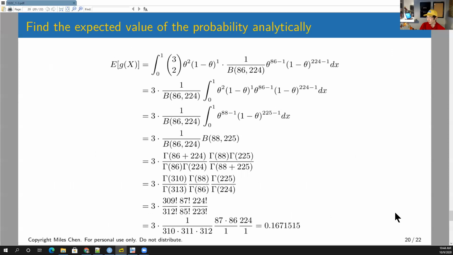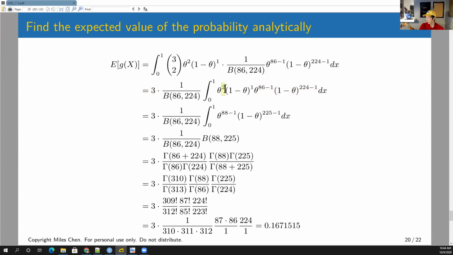So I'm going to take this constant out and put it here, and 3 choose 2 evaluates to 3. So now I've got the integral from 0 to 1 of theta squared, 1 minus theta to the 1, theta to the 86 minus 1, 1 minus theta to the 224 minus 1.